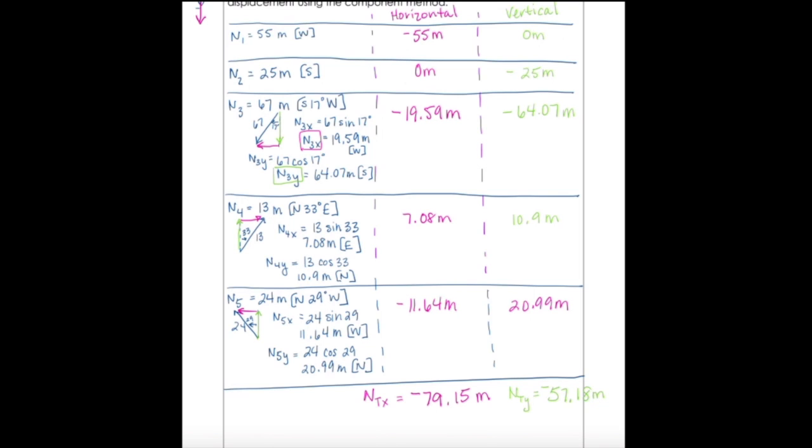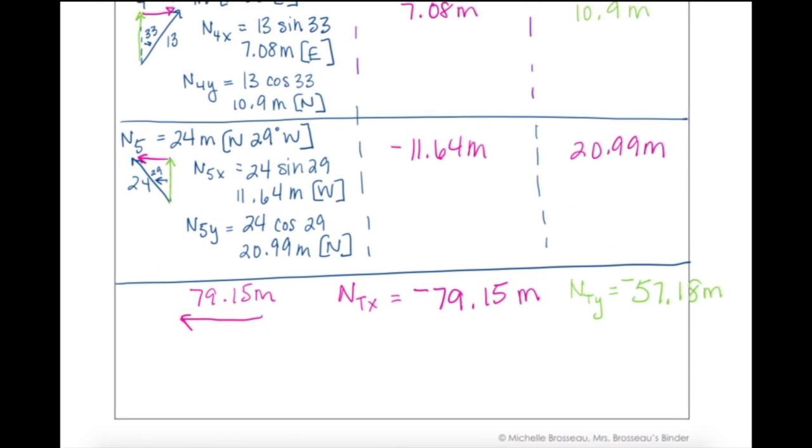Okay, so now what we can do is we have the start of our triangle. Okay, so we have our horizontal is to the west, 79.15 meters. Let me zoom in a bit.